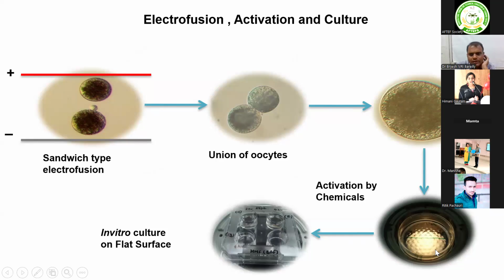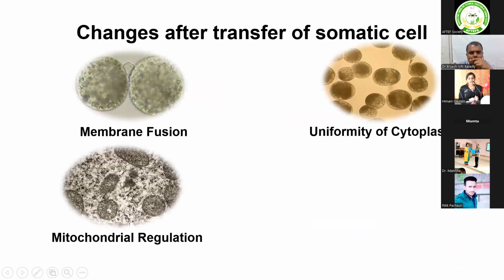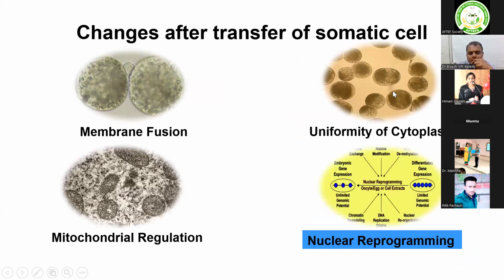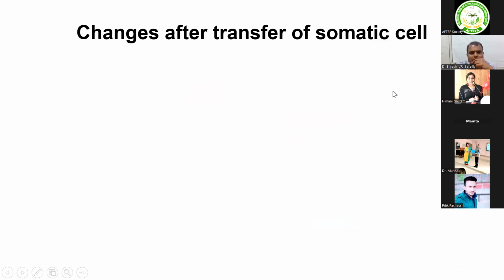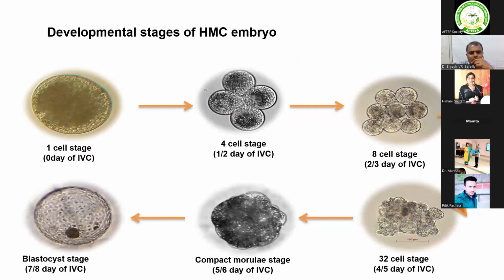Then you go for culture. So fusion, then culture will be there. One cell, two cell, eight cell, 32 cell, and then compact morula. And when it becomes a blastocyst, sometimes seventh or eighth day, depending on your timing of IVF.